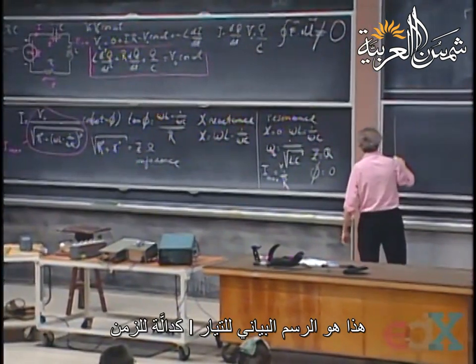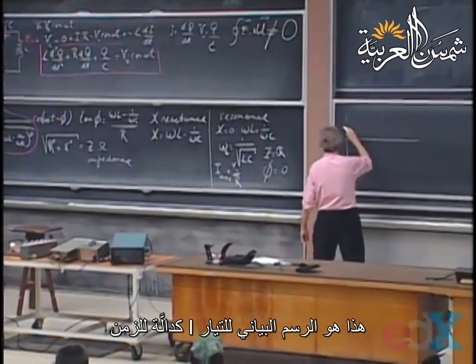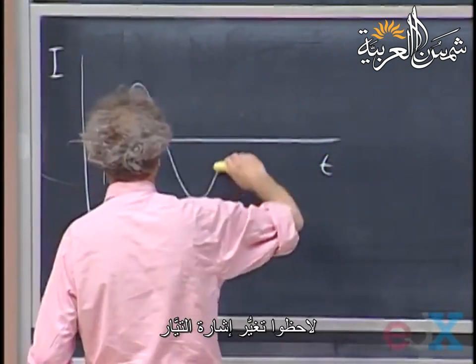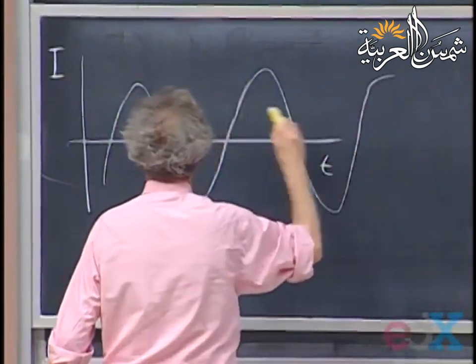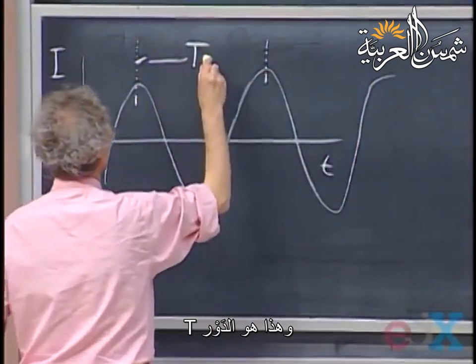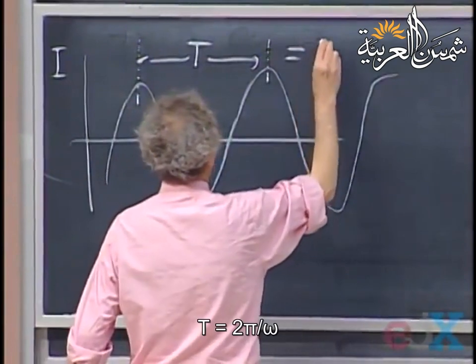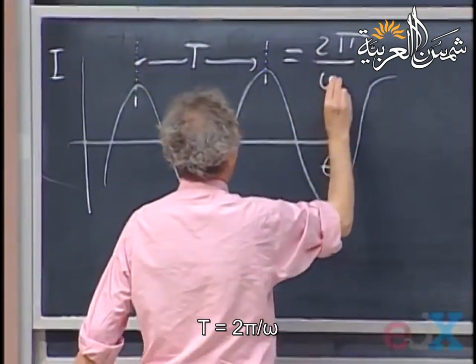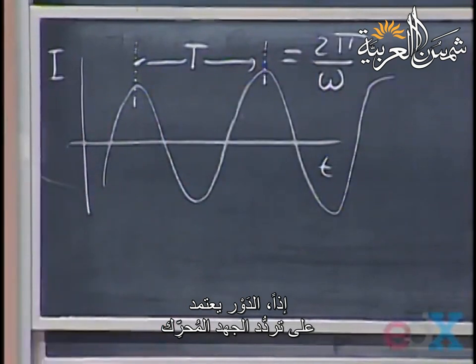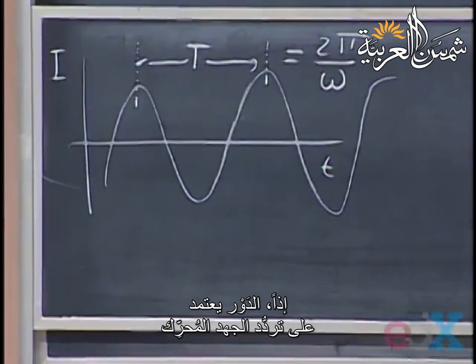So if I have here the current as a function of time, then you get a signal like so. And this period T equals 2 pi divided by omega. So that is directly connected to your driving frequency.